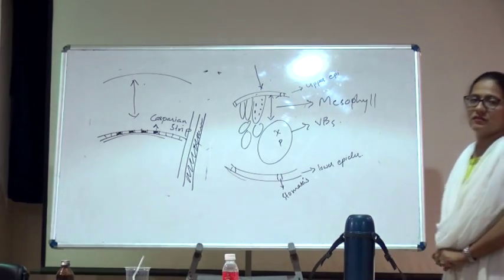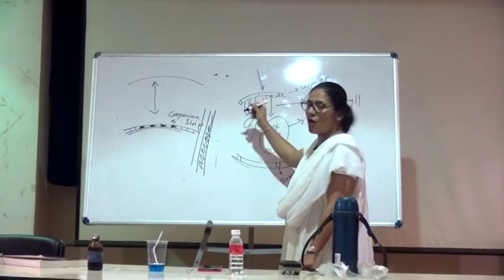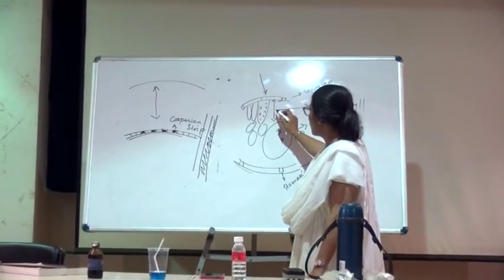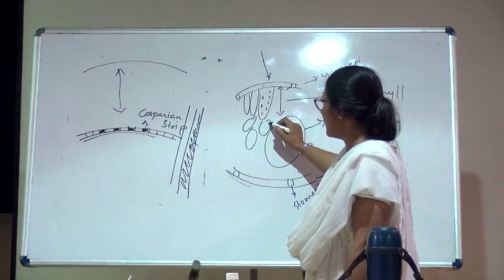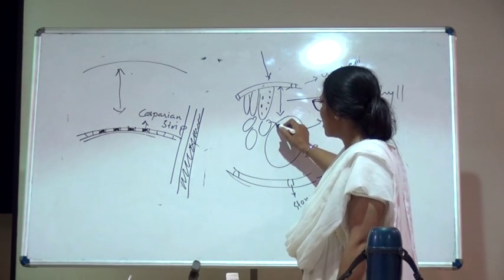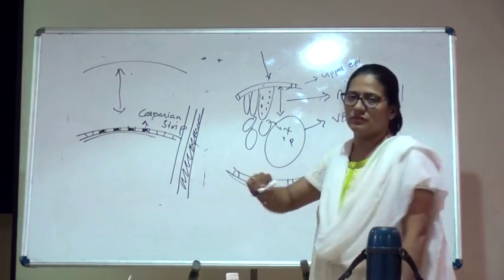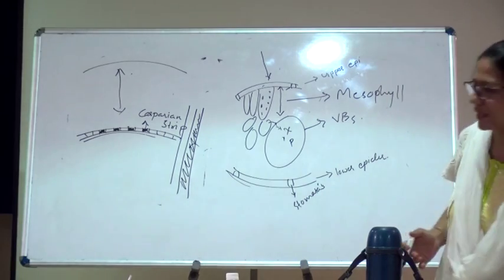Now what happens? This glucose that is formed in the mesophyll cell will give that glucose to another mesophyll cell, to another mesophyll cell, to the vascular bundle, to the phloem. Simple, very simple. But how will we take it?